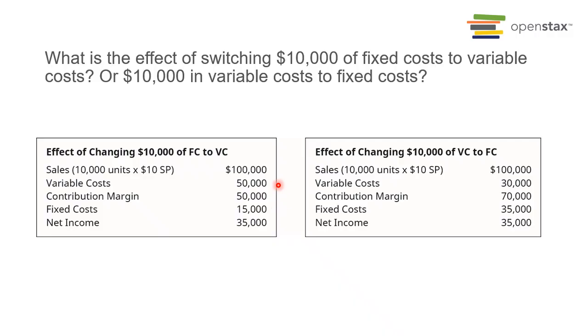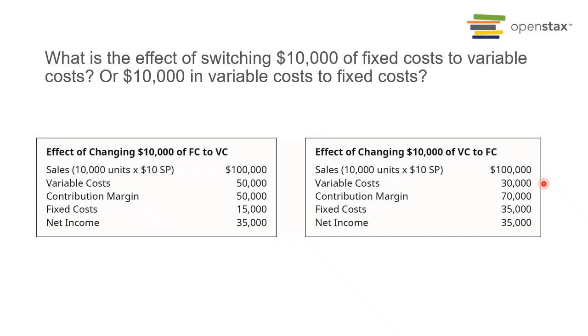So we've made our variable cost higher per unit costs. This leaves us with less contribution margin, but we have less fixed cost to cover. And that leaves us with that $35,000 income.